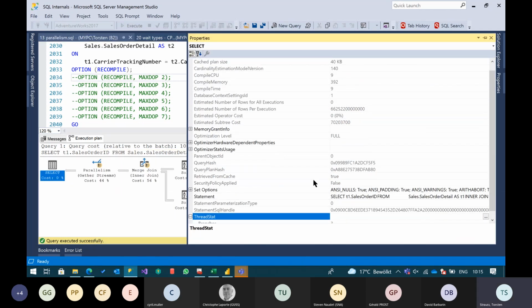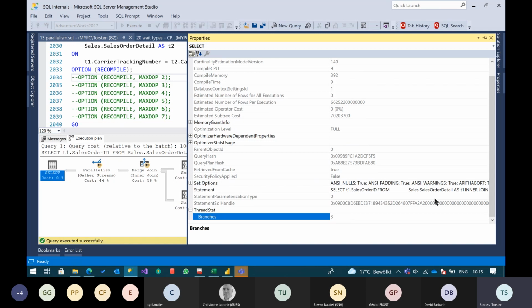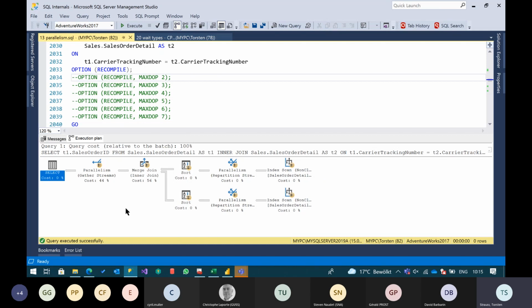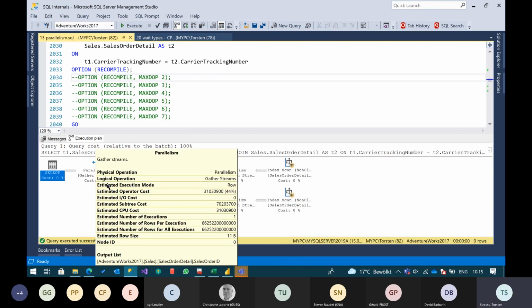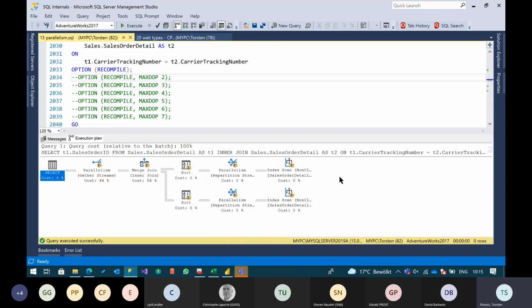So in thread stats, we have 3 branches, but we can see that the query itself is only running with 8 threads. Okay, so this has to be coordinated. From a complexity point of view, you can already imagine what it means when the branches are running in parallel on different threads.